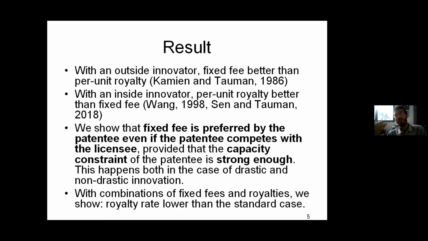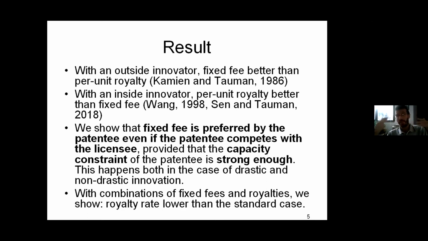When we move to consider optimal combinations of... so one second, if the capacity constraint is not strong, I'm looking at your second point, then is the opposite true, that royalty is better? When the capacity constraint is not strong, then per unit royalty is better.